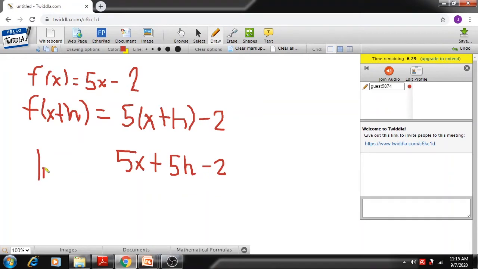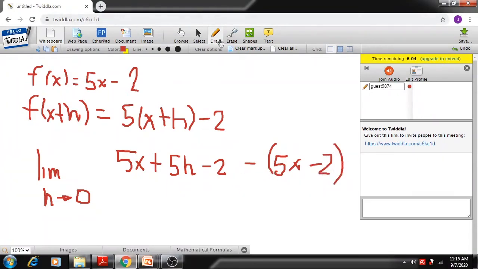So as the limit approaches h equals 0, minus, you should not forget the parentheses on this one, because that will determine the sign of the operation inside. So 5x minus 2.